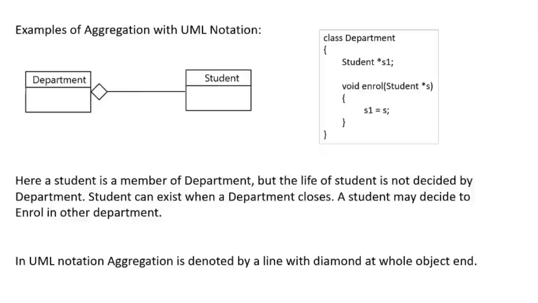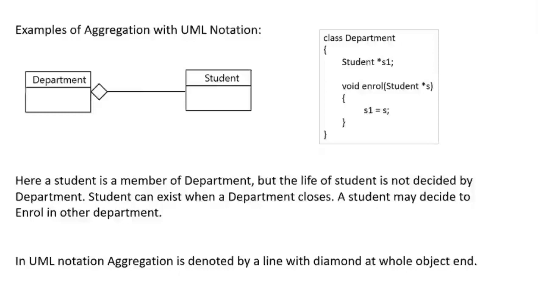How are the classes department and student implemented? So here is the implementation detail: class department, and inside this the student object is declared as a pointer. It is not a normal variable in this case. That's why it won't get created at the time the department is created. Whereas the object is assigned to a student pointer later on via a method enroll.